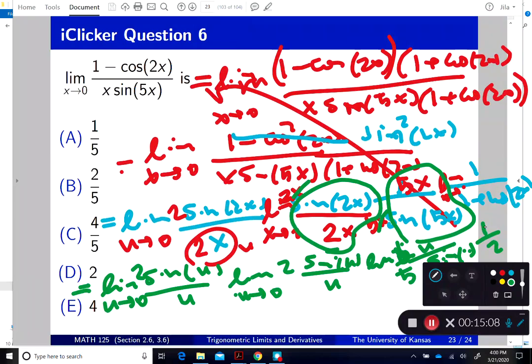And so what do I have? This one is 1/5, that one is 1/2, this one is 2, that one is 2. So I have 4/5 divided by 2, which is 2/5. That is the answer.